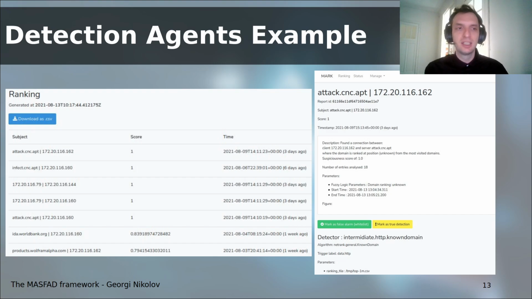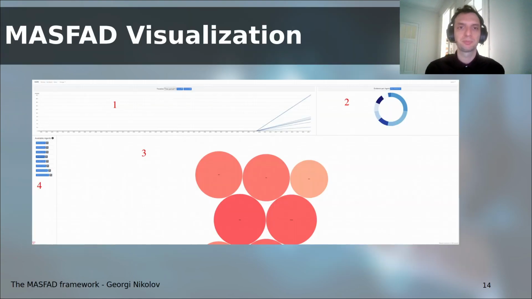When the analyst clicks on a specific subject, they see what is shown on the right side, which is a short report about how exactly the analysis went, what was found, what kind of parameters were used during the analysis, and if any figures have been generated by the detection agents. The analyst also has the possibility to flag this as a false alarm or as a true detection.